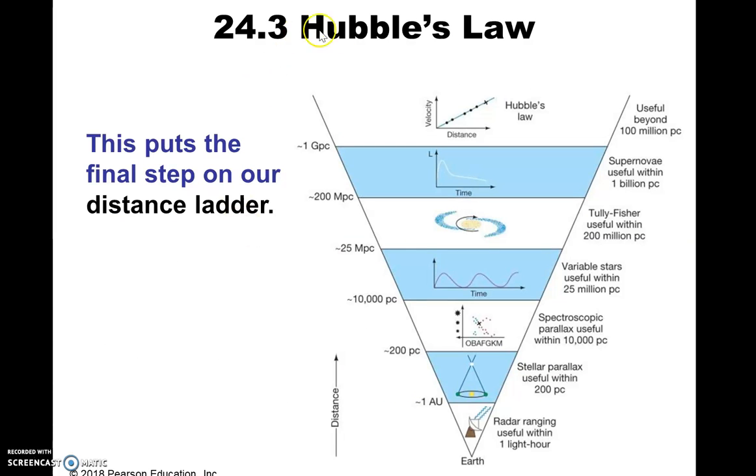All right. So that was the final step in our distance ladder. You start bouncing radar off of objects within the solar system. Then you get outside the solar system, and so you use the orbit of the Earth itself as the baseline for a parallax. So stellar parallax, we can measure the distance to stars this way, because with our telescopes we can measure this. And of course, nowadays we have satellites that have extended this baseline.